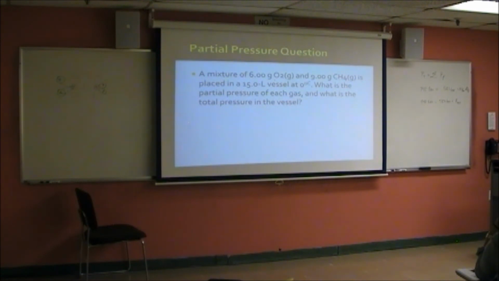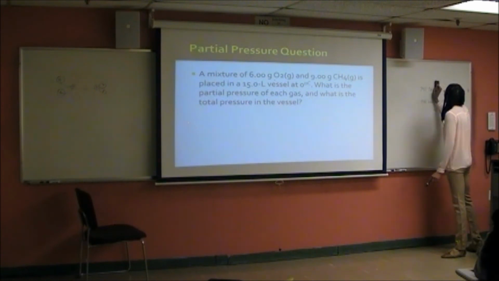Partial pressure: a mixture of 6 grams of oxygen gas and 9 grams of methane gas is placed in a 15-liter vessel at 0 degrees Celsius. What is the partial pressure of each gas and what is the total pressure in the vessel? Is P equal to M over V, mass over volume?